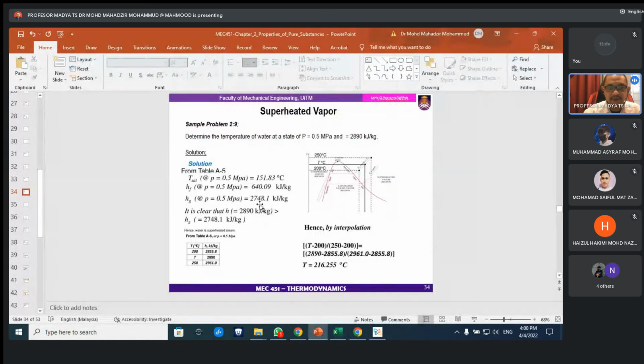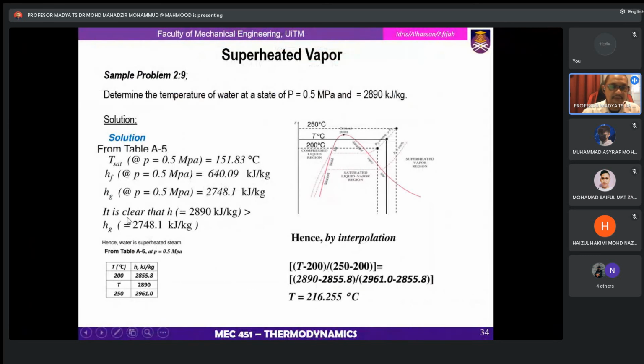So at 2855 and 2961, h is in between these two values, and the temperature you can find when you calculate these values using the interpolation method.